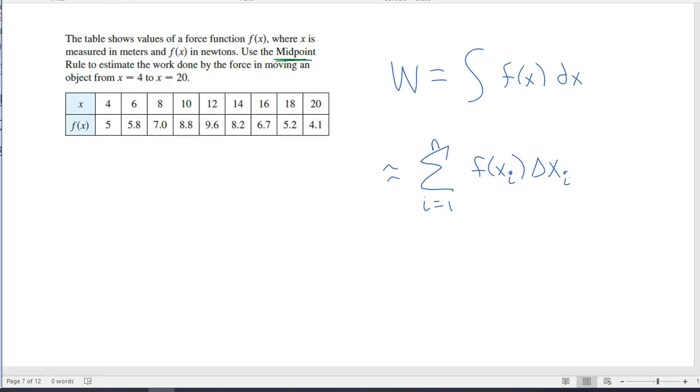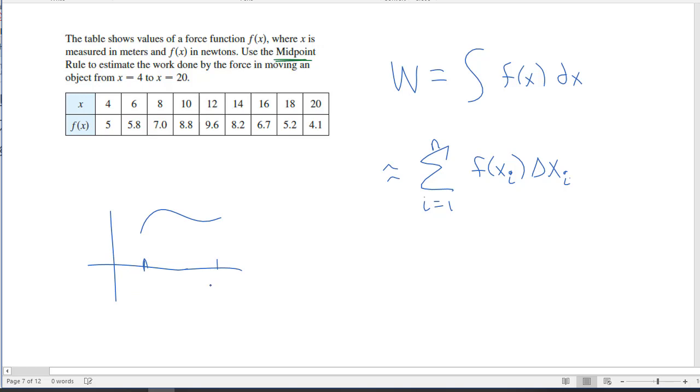So the way that I like to think about this is that my first segment is like an area under a curve, if you will, right? If I think about this as I have some force function from 4 to 20, so I'm integrating this force function, and I'm going to use rectangles. So if I cut this into segments, I don't know if that's the right number of cuts necessary, but I'm going to think of from 4 to 8 as my first rectangle here.